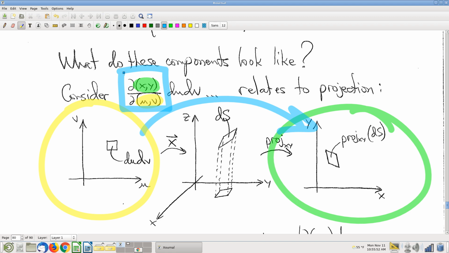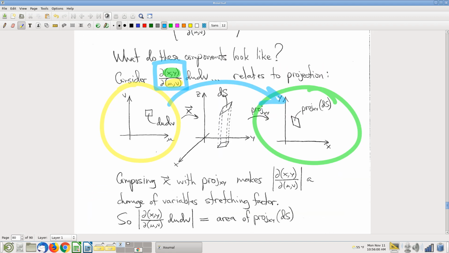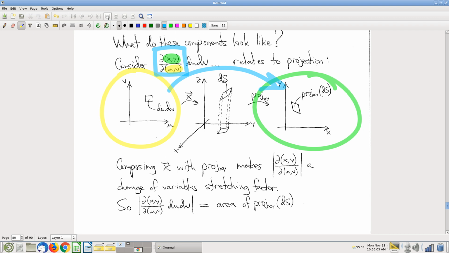That's how we compute stretching factors in change of variables. So if that's your stretching factor, jumping out over here, that's your stretching factor.